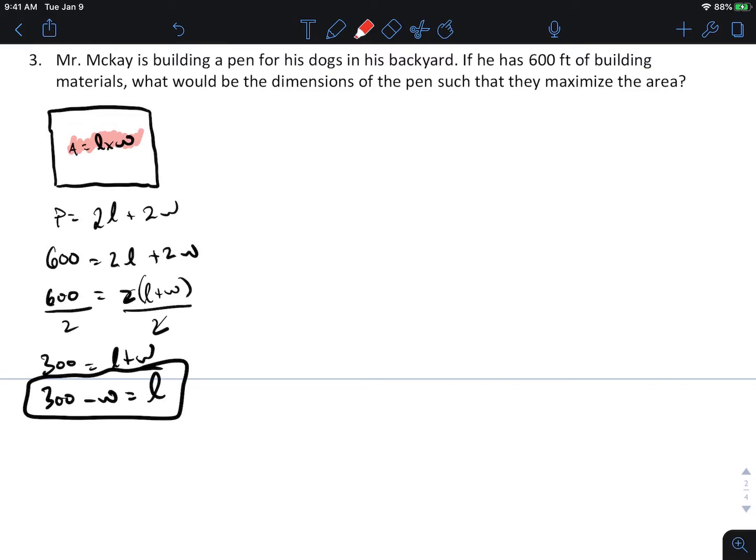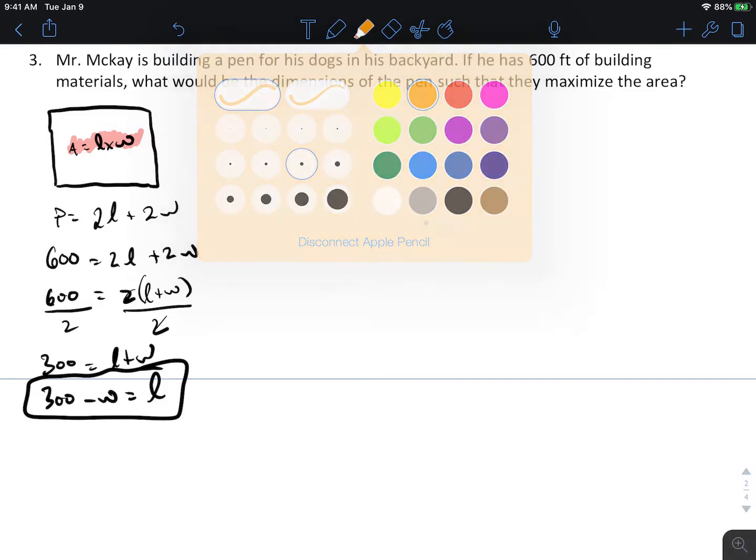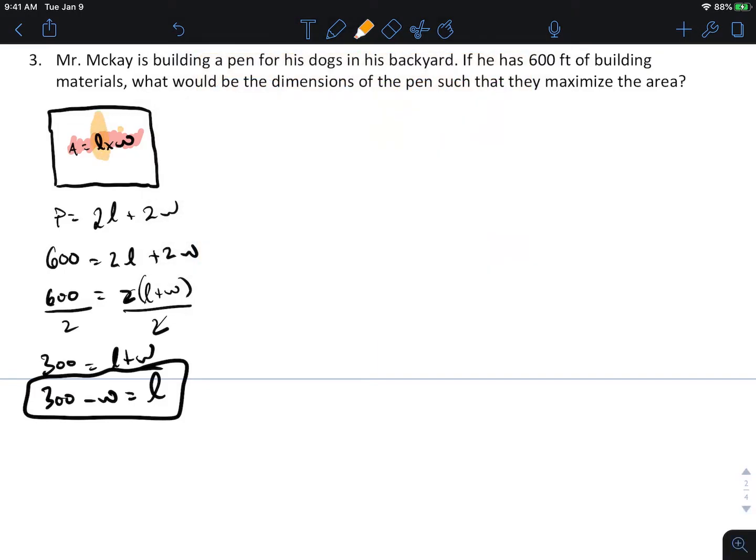And I just solved for L. So why can't I just make a substitution for L right there? So let's do that. Area is going to be equal to length times width, and then I'm going to replace the L with the L that I just solved for, algebraically. So it's going to be 300 minus W multiplied against W.